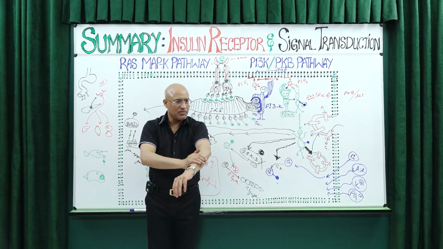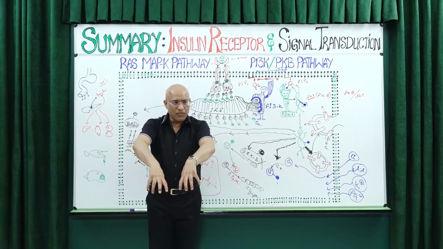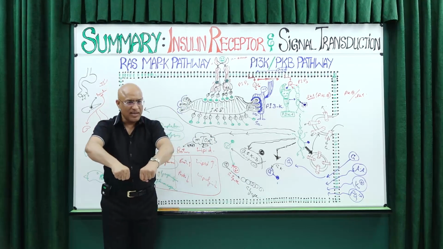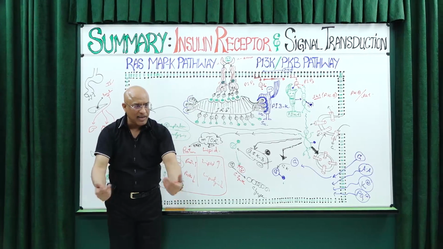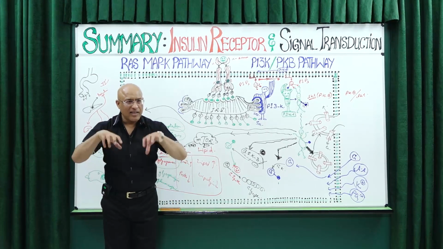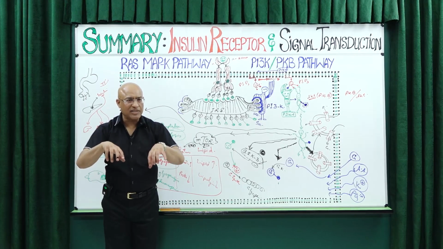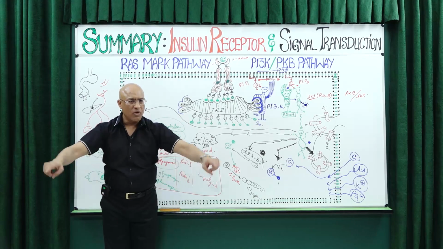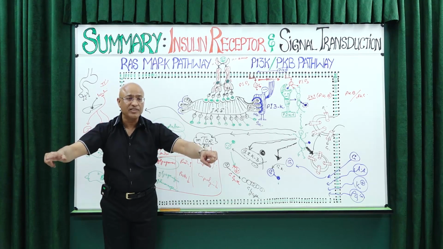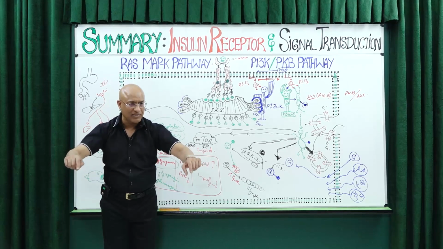Tyrosine residues. Then the phosphorylated beta subunit will attract IRS. Say it loudly, they will attract IRS. Then the beta subunit's enzyme activity will act on IRS, and IRS will get phosphorylated, through tyrosine kinase activity.